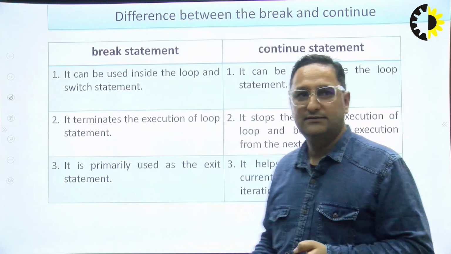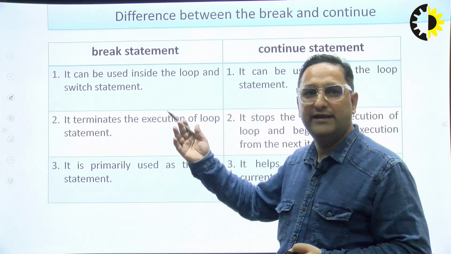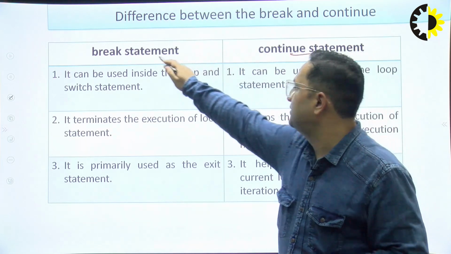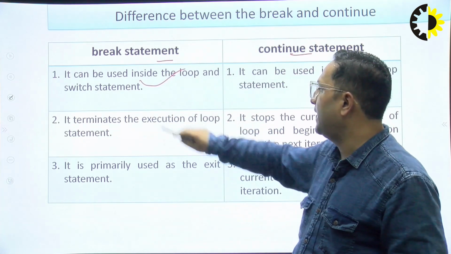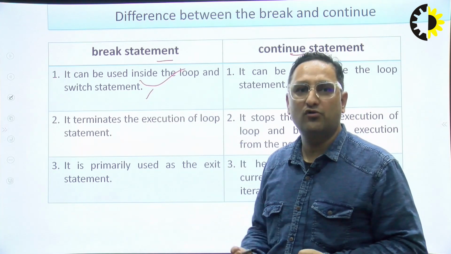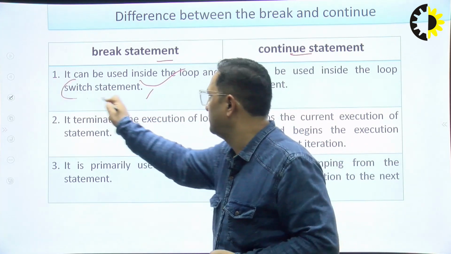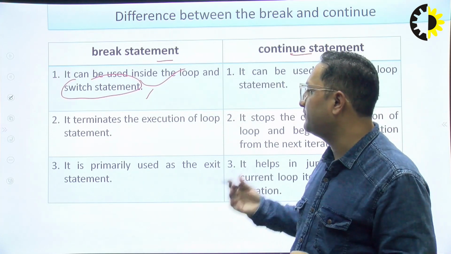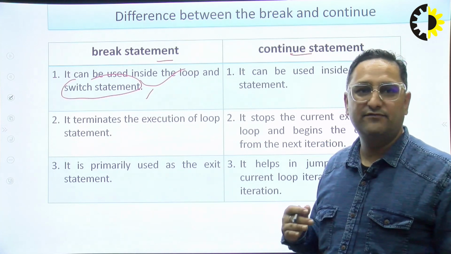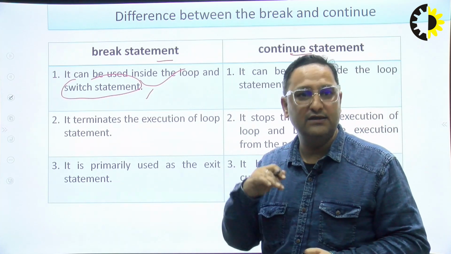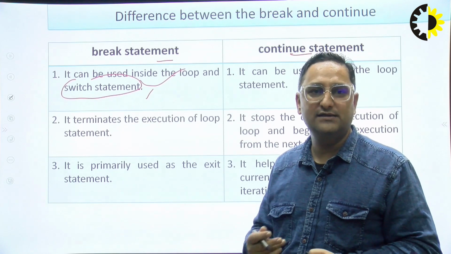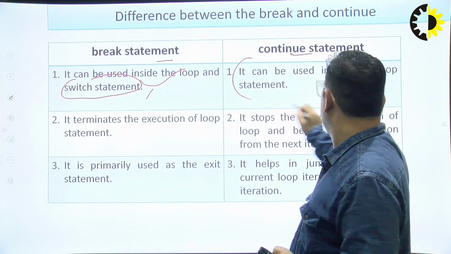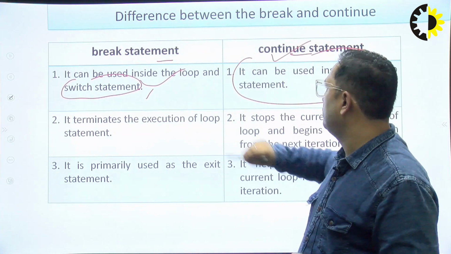And these are some groundbreaking examples of the break statement and the continue statement. So it can be used inside the loop and the switch statement. There is one more concept in C, that is switch. There also the break statement is used, but we do not want to jump into that. We are just understanding it from the perspective of the loop. If in the loop body it is used for some condition, it will exit you from the iteration, and it can only be used inside the loop, not with the switch.